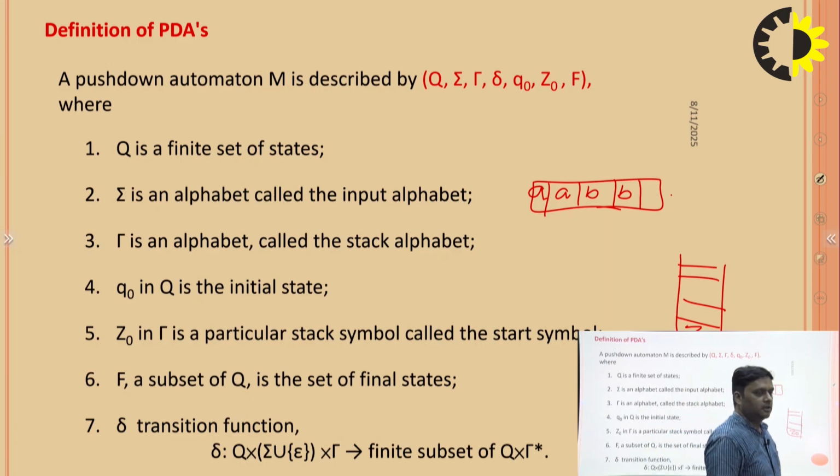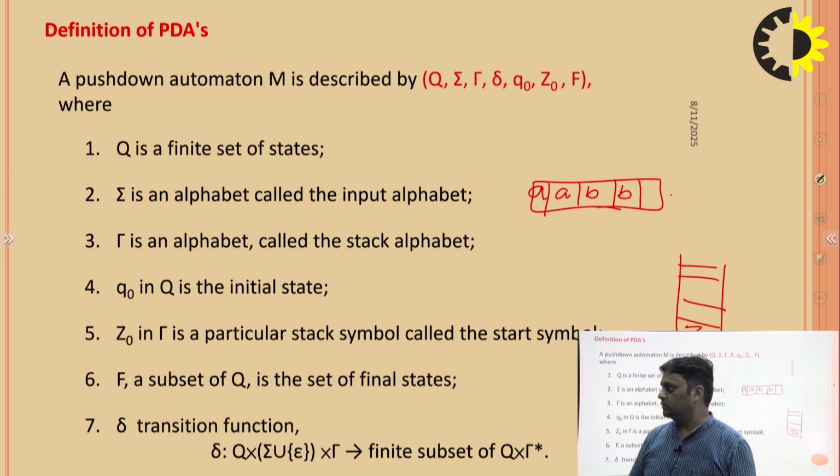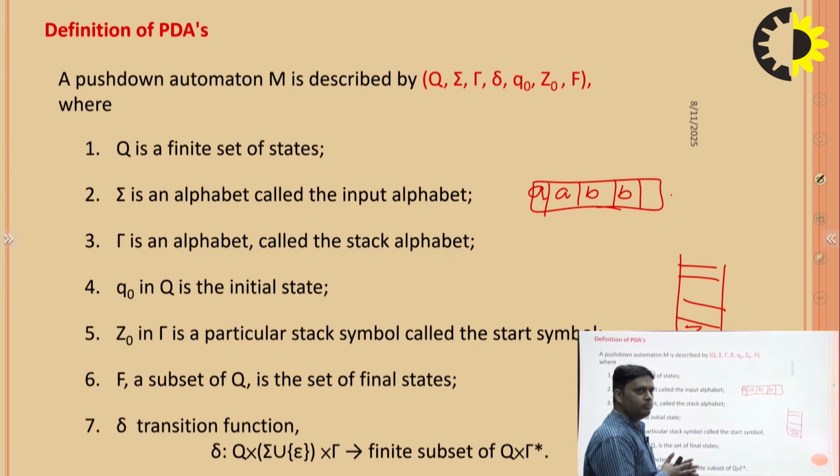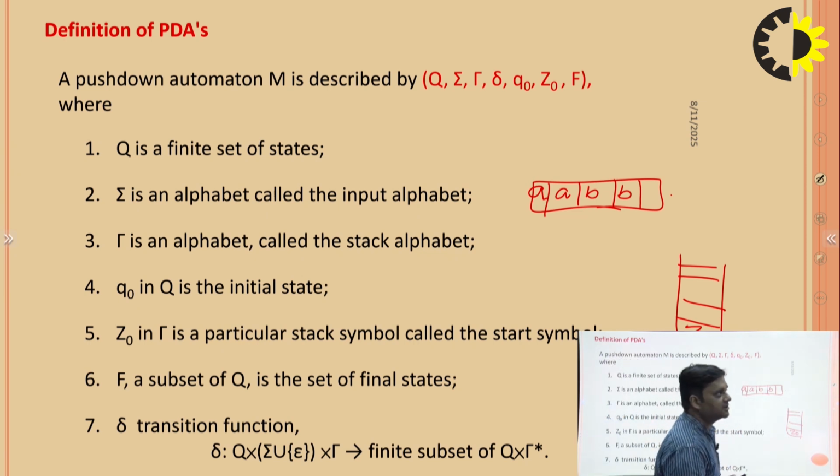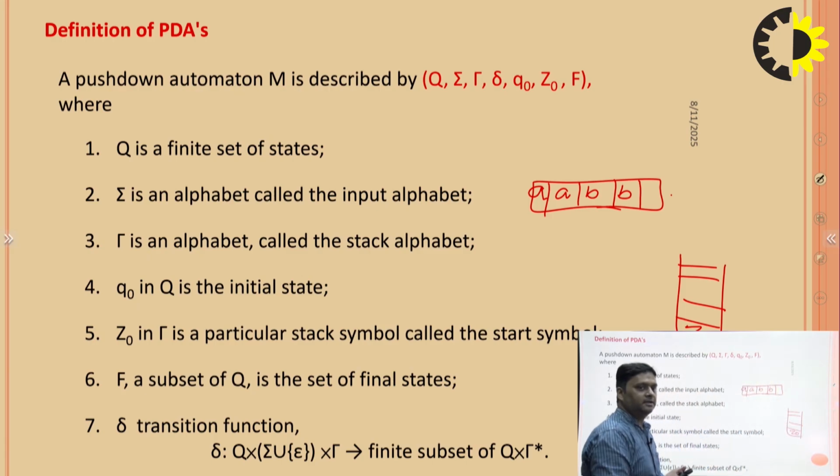Here delta represents the mapping between states, means how to process the string. The transition is represented by Q cross sigma union epsilon cross tau.